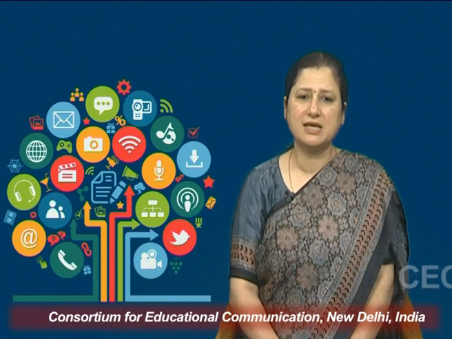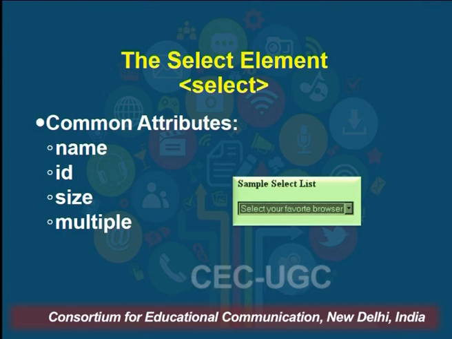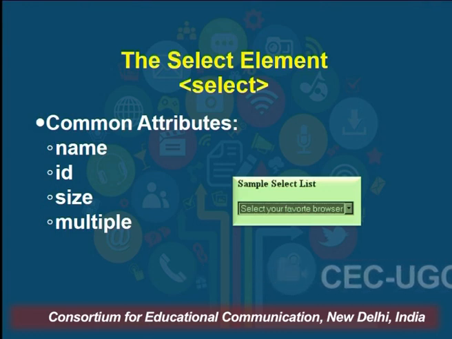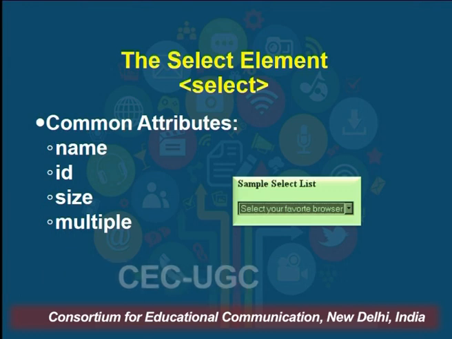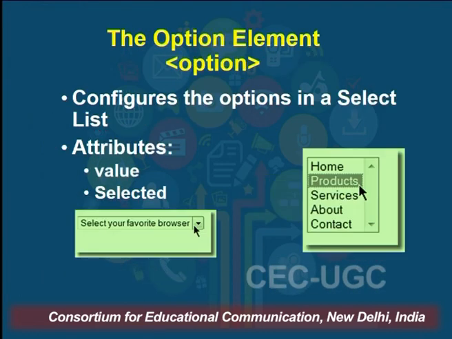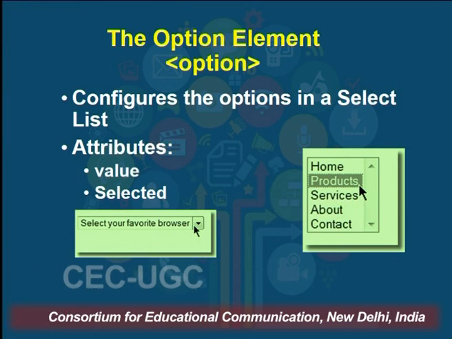So in this case, you can see here you have a sample select list showing, right, and the attributes which you use are the name attribute, the ID attribute, the size attribute, and the multiple attribute. So the name attribute is used for identifying it, okay.